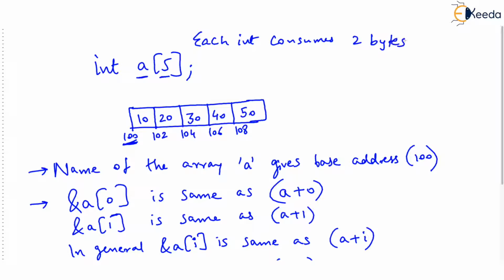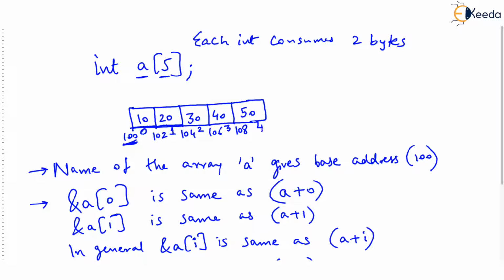Then the 0th location of this array is going to consume 2 bytes. So 100, 101, these 2 sequential bytes will be eaten up by the 0th element. Similarly, 102, 103 for first element or element 1 and so on. This we had seen in earlier videos.